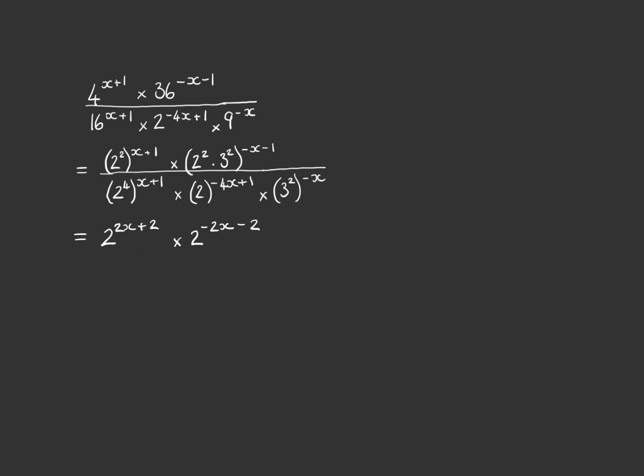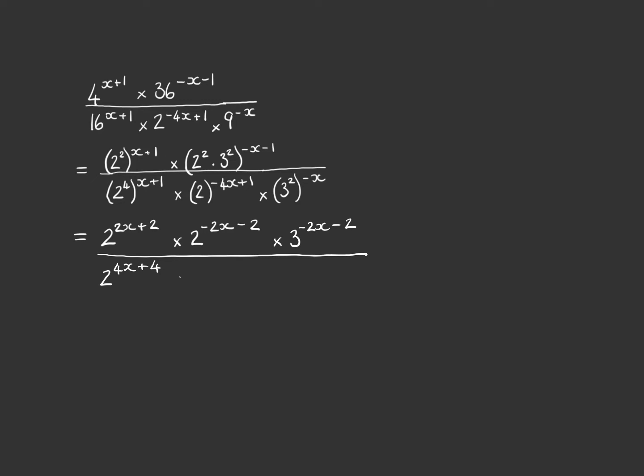And that's what we do when we're raising to the power of. I've done it with 2 to the power of 2, and now I'm doing it with 3 to the power of 2, which becomes 3 to the power of negative 2x minus 2. And of course that is all over 2 to the power of 4x plus 4.